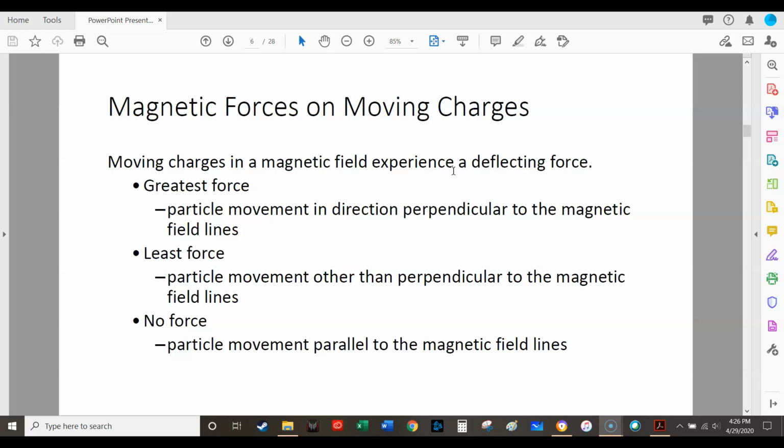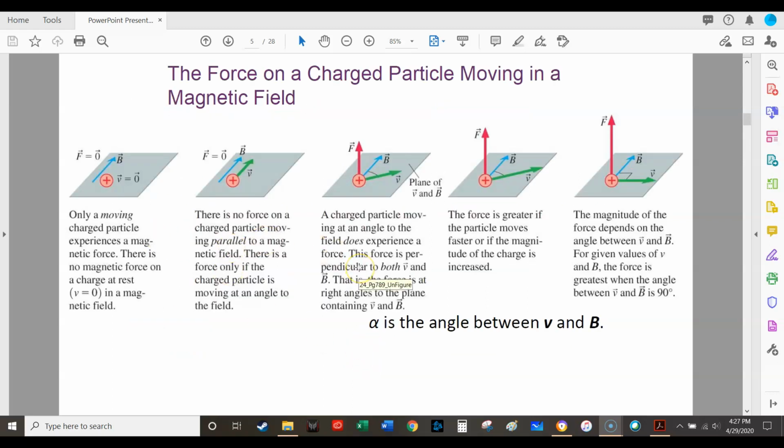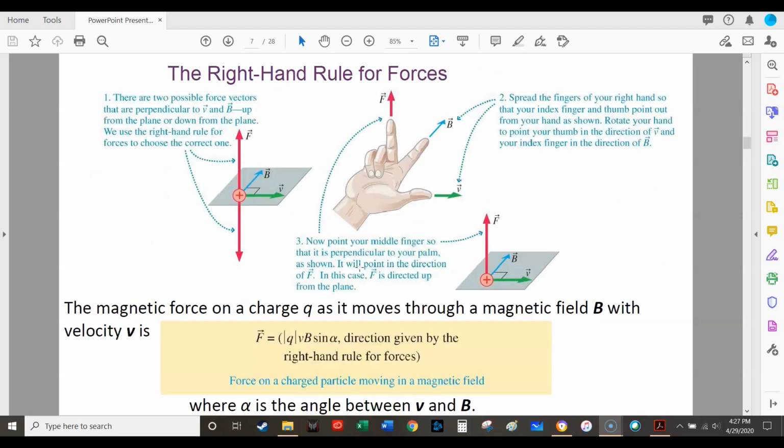A particle moving somewhat perpendicular to the field is going to experience a little bit of force, and a particle moving parallel to the magnetic field is going to experience no magnetic force at all. And that's what this earlier slide was representing. This is called the right-hand rule. So you point your thumb, as always, in the direction the positive particle is moving, or the current.